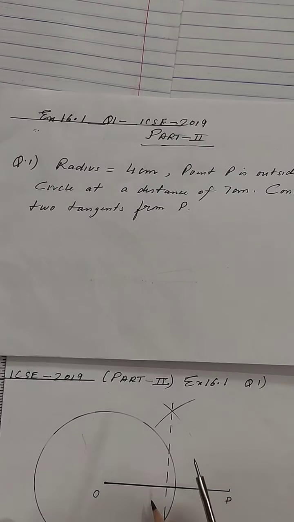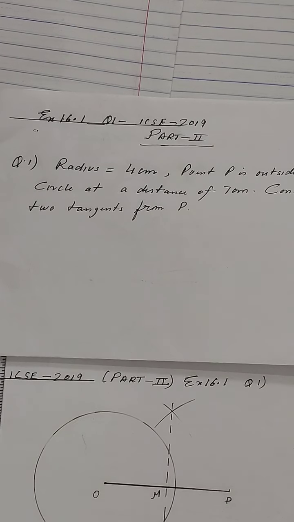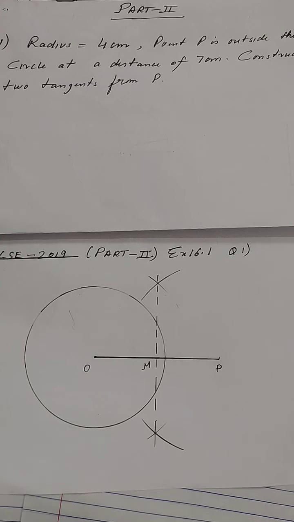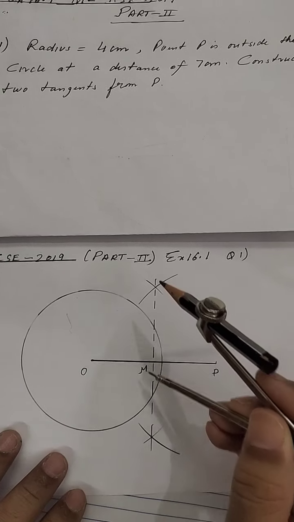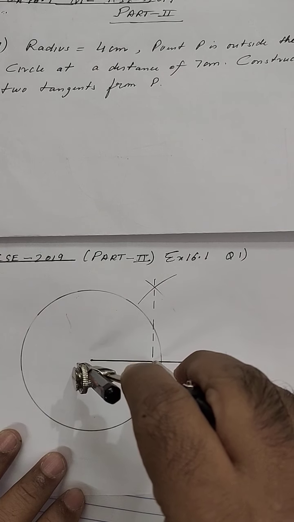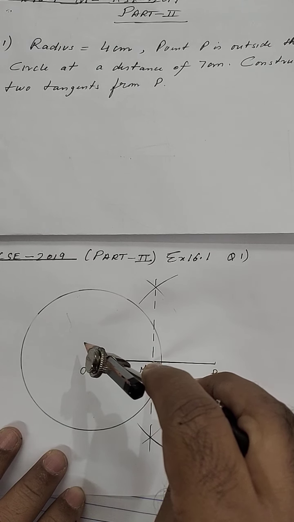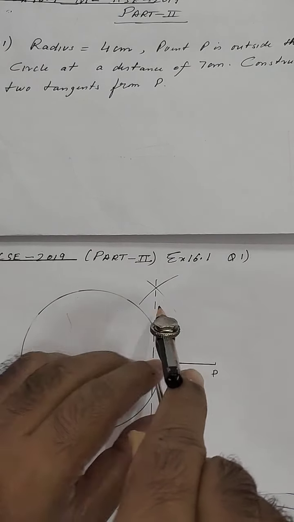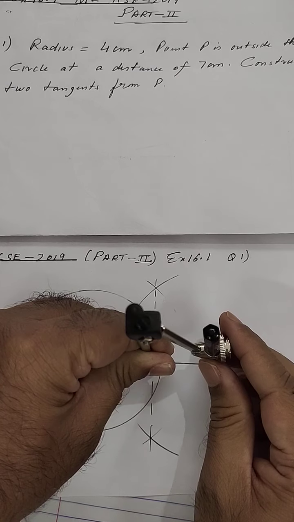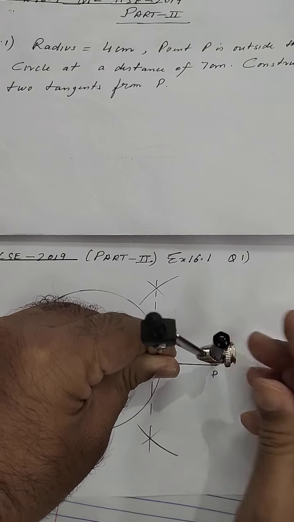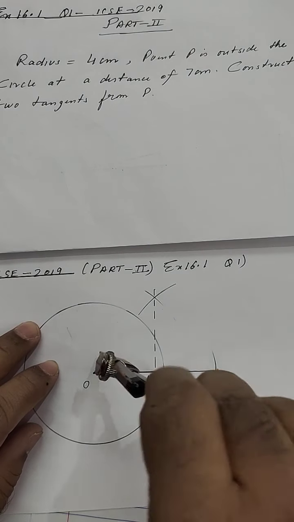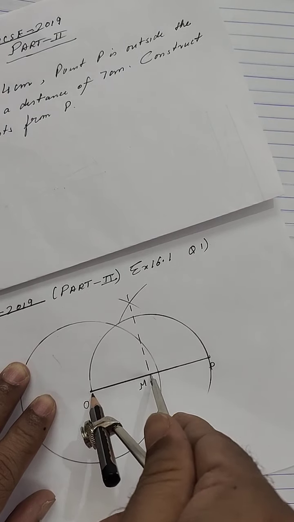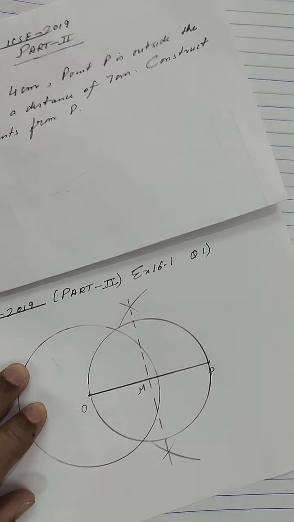We take the perpendicular bisector and call it M, and then we take this distance. If you see the question, 7 centimeter, so this should be 3.5 on both sides. You can check that almost both sides we have that. So we draw a circle here with M as center, the second circle, children.